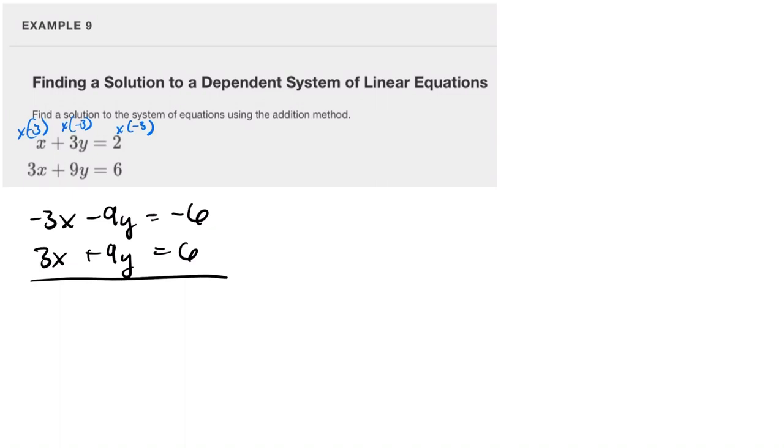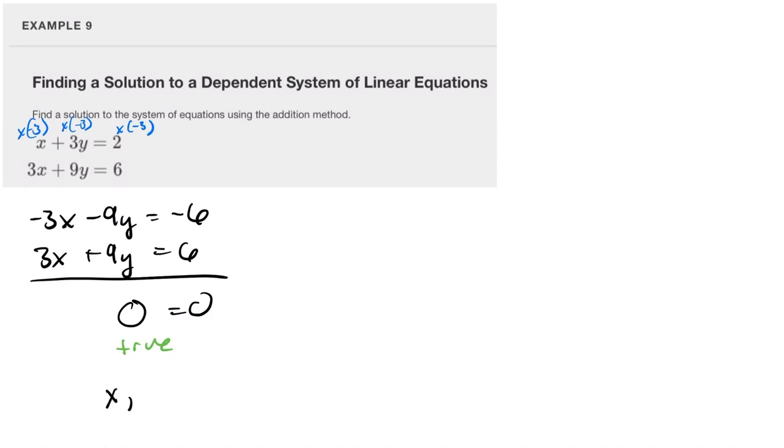If we add these together, we get what? 0 equals 0. This is true. So what this means is that one equation is a multiple of the other, and we have infinitely many solutions, right? So they're going to take on the form no matter what x you choose.